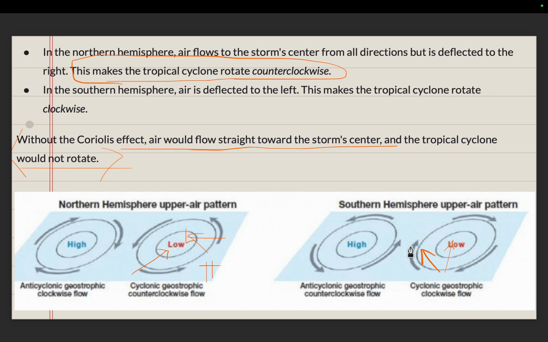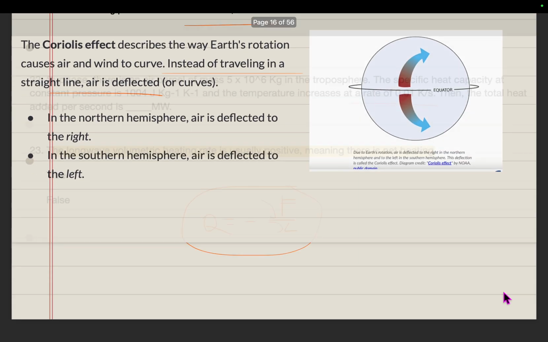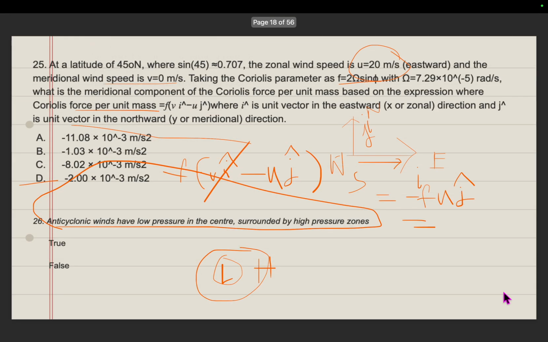In the southern hemisphere, this effect reverses or flips. Anticyclones now move counterclockwise and cyclones move clockwise in the southern hemisphere. Now for question 26, this was false.